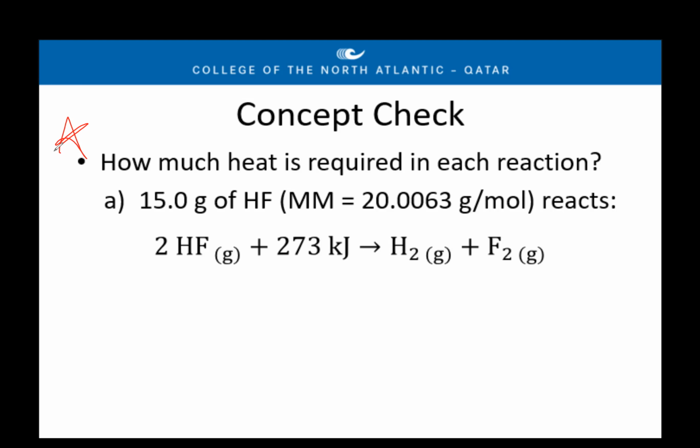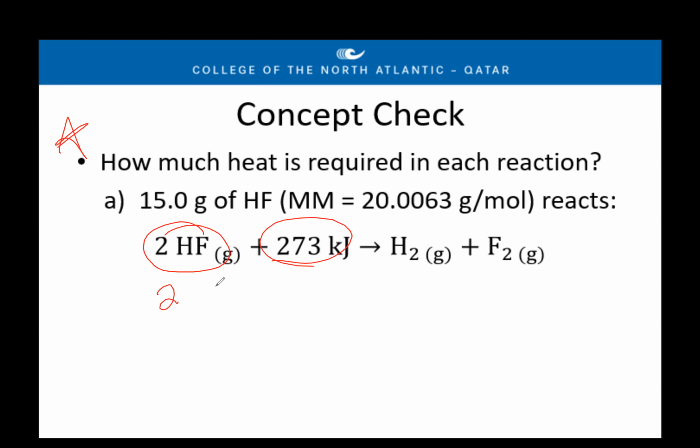Before I get into the answer, just look at this equation. If I was going to break this down as an English sentence, for every 2 moles of HF, hydrogen fluoride, or this could be hydrofluoric acid even, I need 273 kilojoules of heat.